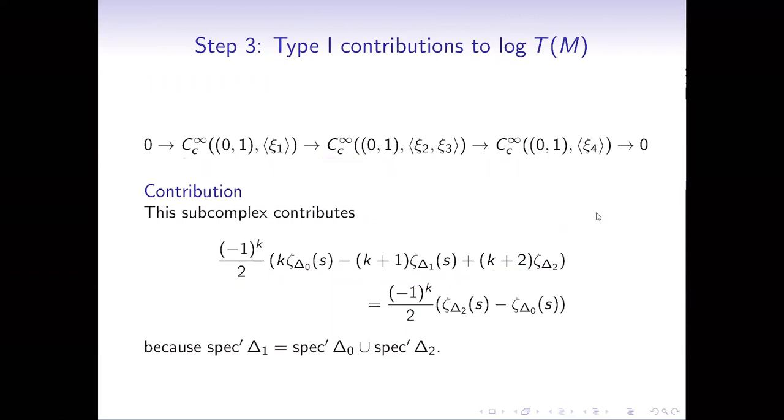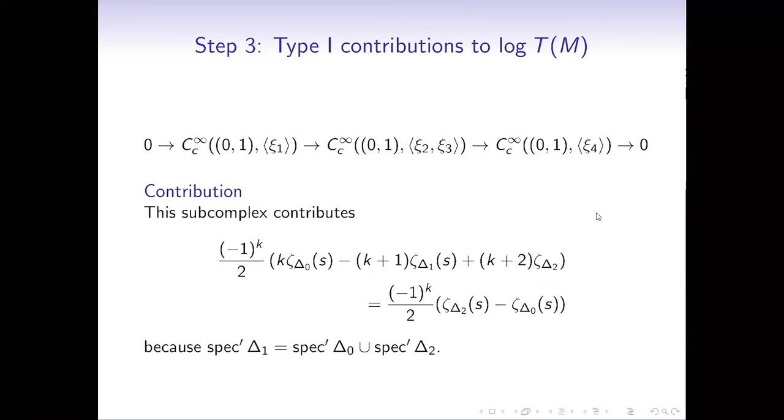The idea of this part is that the spectrum of the middle Laplacian is just the union of the spectra of the outer Laplacians, with multiplicity taken into account. This is special to this specific type of subcomplex, just because of how all these operators work together.